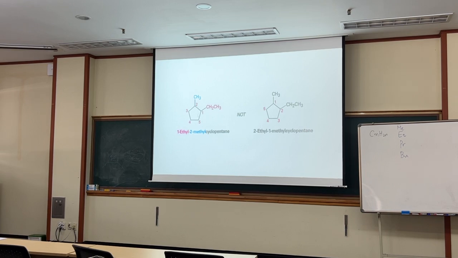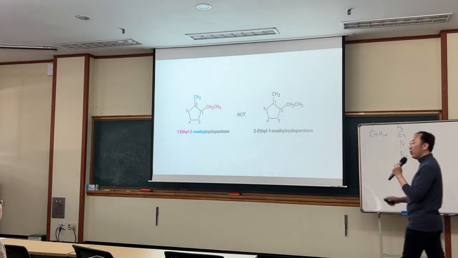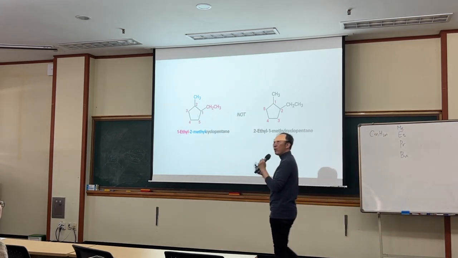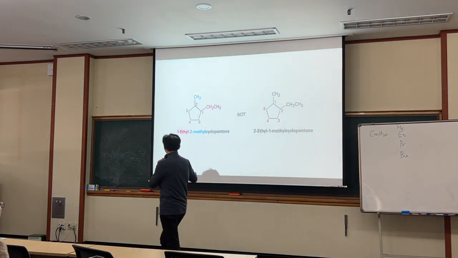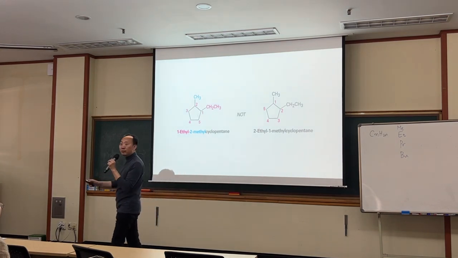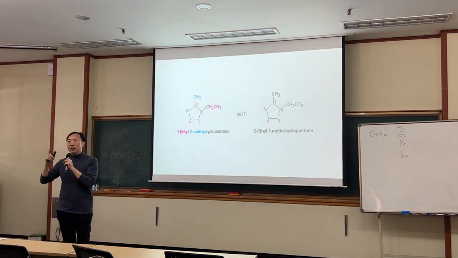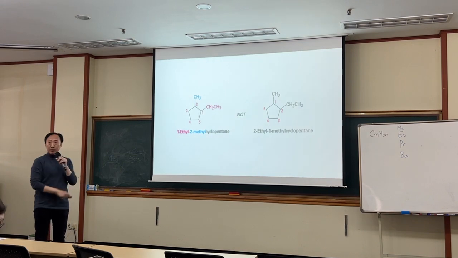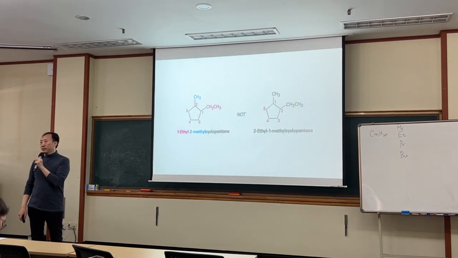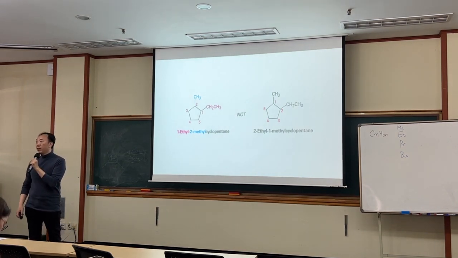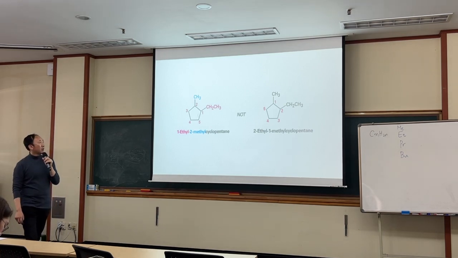Then the alphabetical order takes 1. Okay. Previously it was 1-4, 1-3-4, so you chose 1-4. But in this case, either way, 1-2, 2-1 is the same, right? Then alphabetically, the first one takes the lowest number. Okay. 1-ethyl-2-methylcyclopentane.